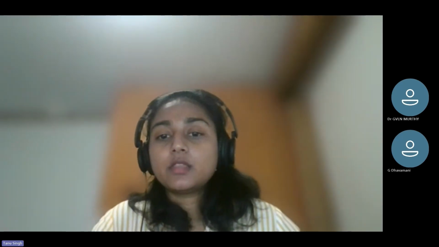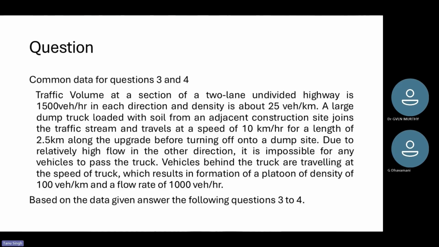I hope my screen is visible. So this was the flow versus density graph that we had discussed, when we saw what happens when a truck enters a road and what the different traffic conditions will be. See this and try to find the solution.